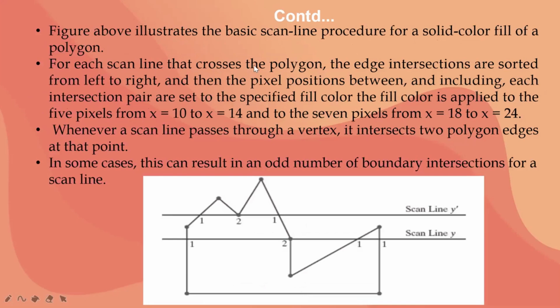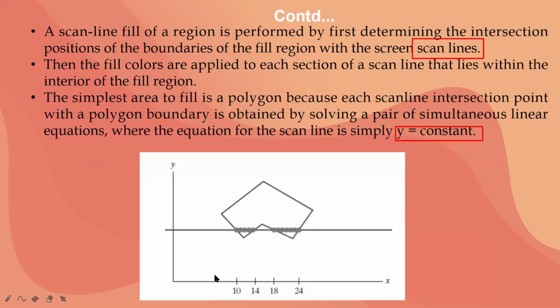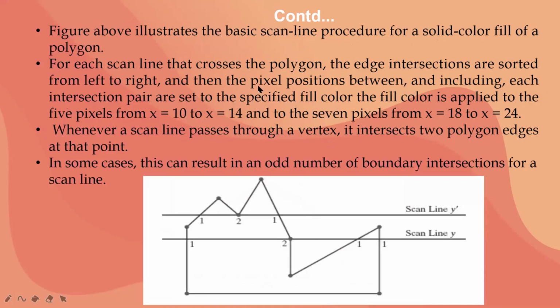What we are going to do is apply the basic scan line procedure to fill the color of your polygon. As we start the edge intersections from left to right, we will have some pixel positions in between.